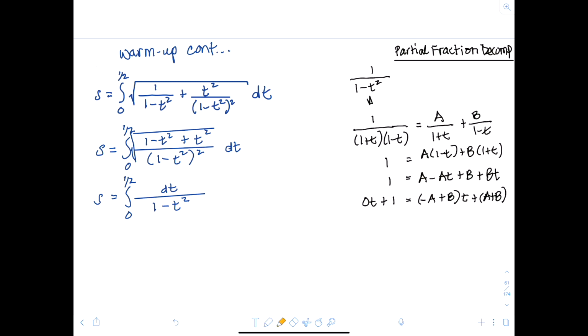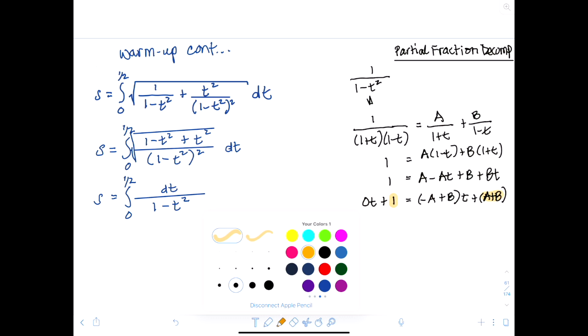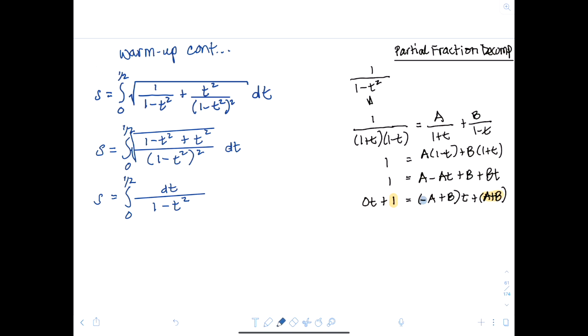And so now we're going to be equating coefficients. So I'll equate the A plus B to that 1, and then I'll equate the negative A plus B, which is the coefficient to the t term, to 0.